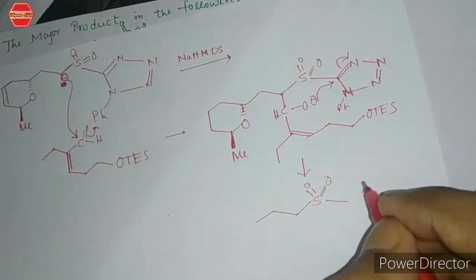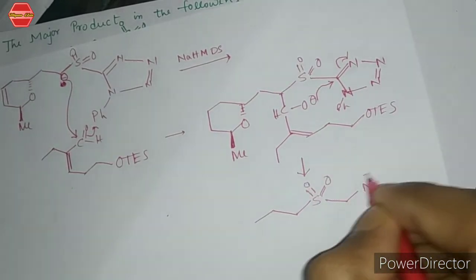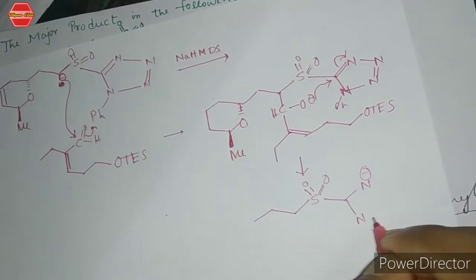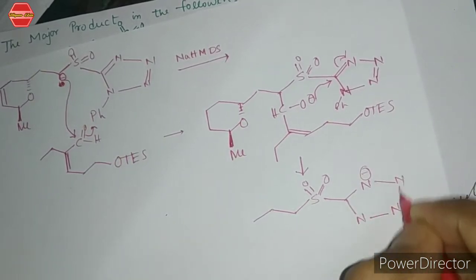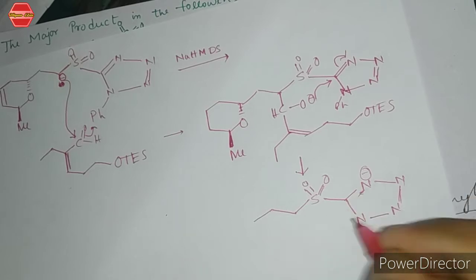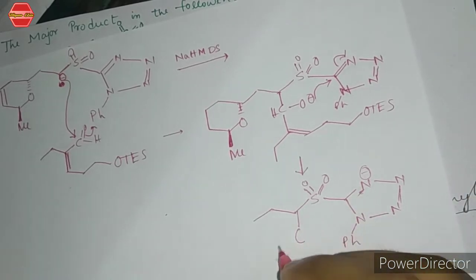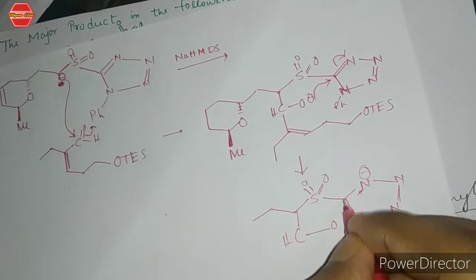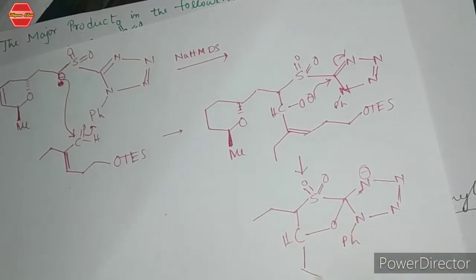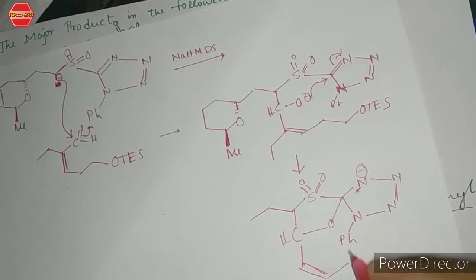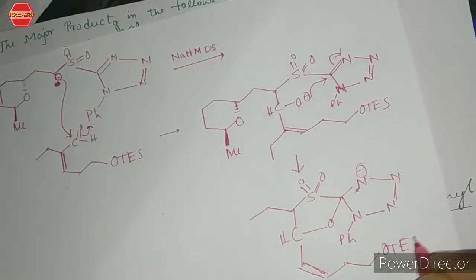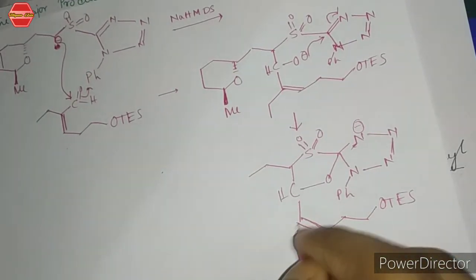This one is the structure. It's a negative charge on this nitrogen. Sorry, that's Ph, CH, TES.